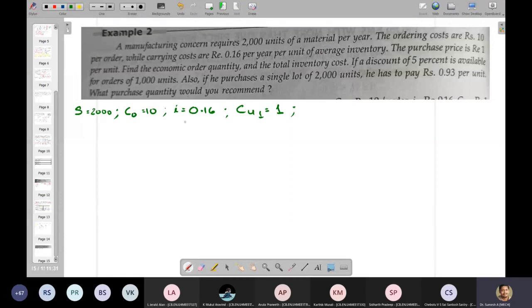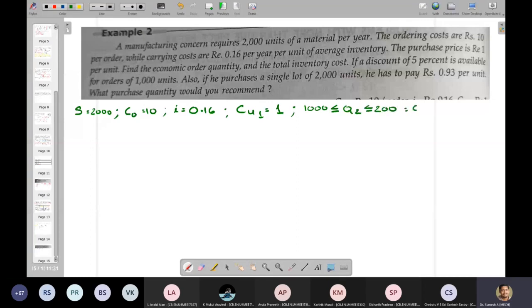So CU1 is 1, and the next band is 1000 less than or equal to Q2, less than 2000.